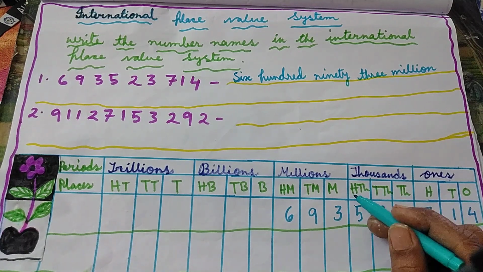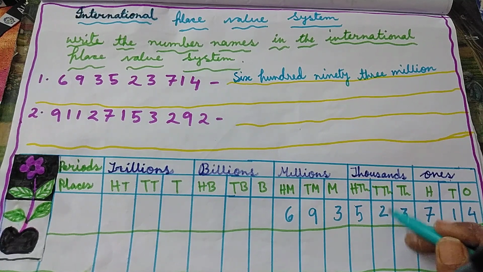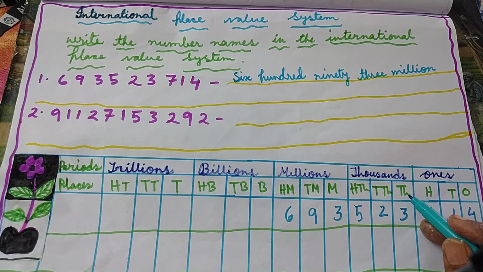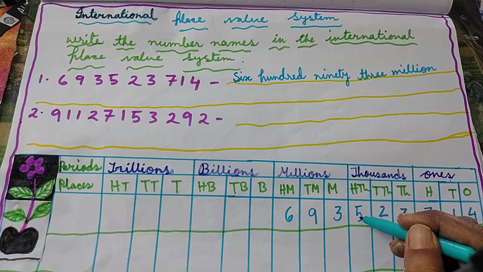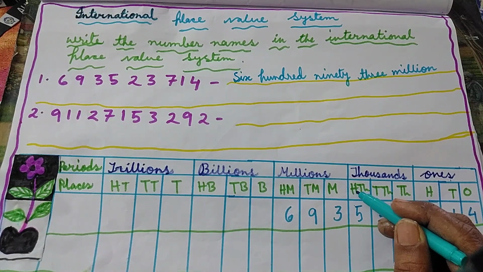5 belongs to 100,000s place. 2 belongs to 10,000s place. 3 belongs to thousands place. So 500.